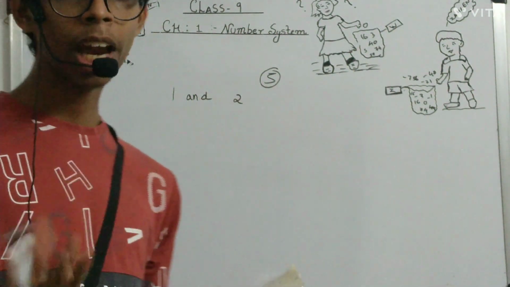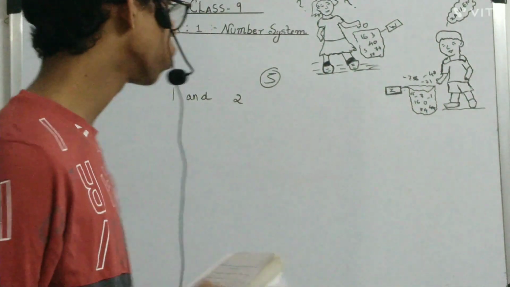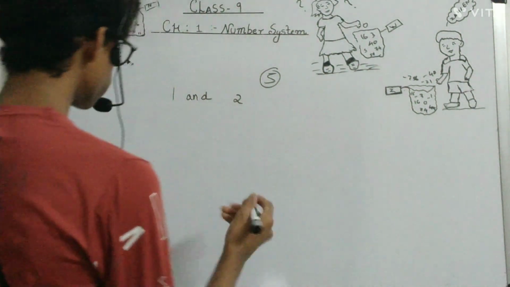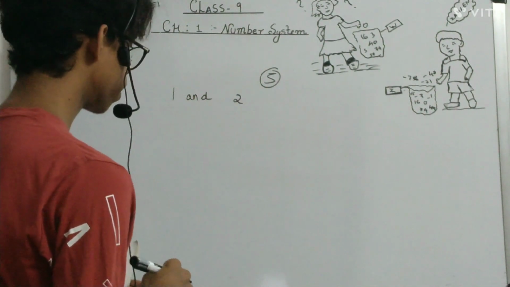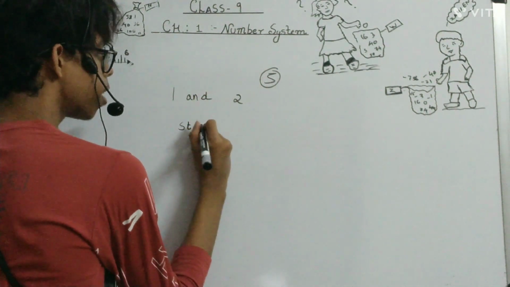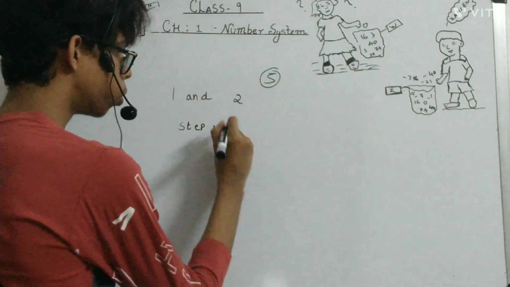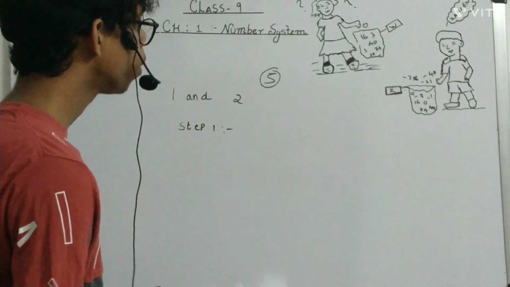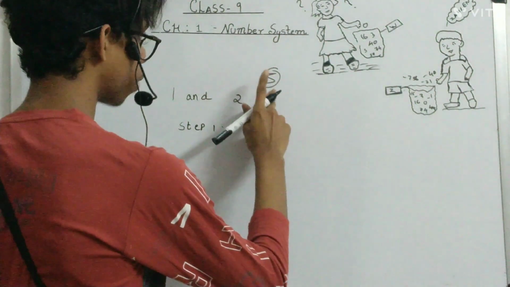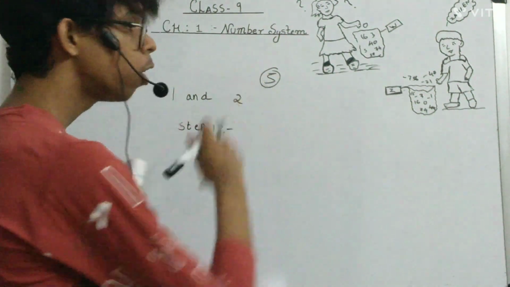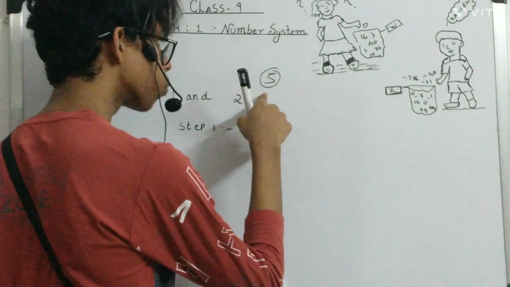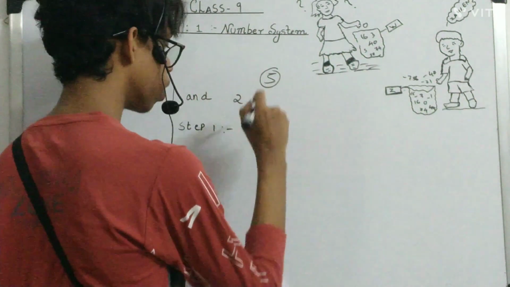It can be done in different ways. I will show you two ways. The first way is, step number 1, whatever is the total number of rational numbers they are asking you to find, here they are asking you to find 5 rational numbers, you have to add 1 to that.